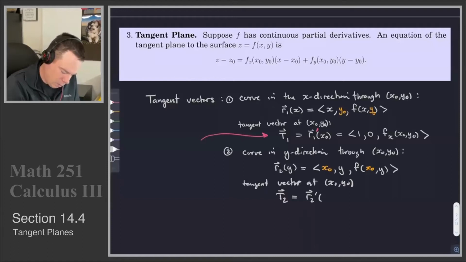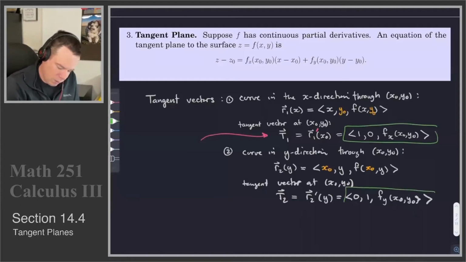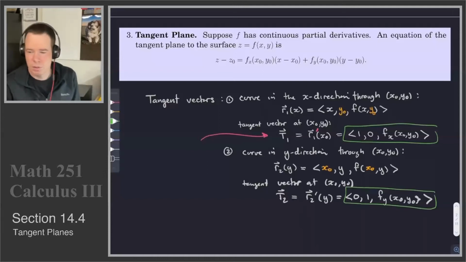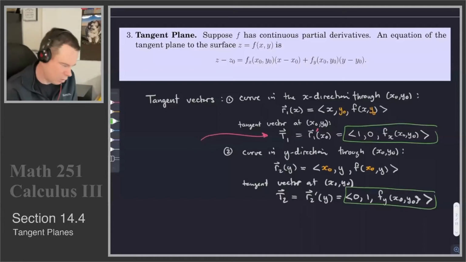So that's now down here, R2 prime of y is equal to 0, 1, and then the y derivative, f sub y at x naught, y naught. So now we've got these 2 tangent vectors to the surface. They're 2 vectors that are tangent to the surface, but they're pointing in different directions.